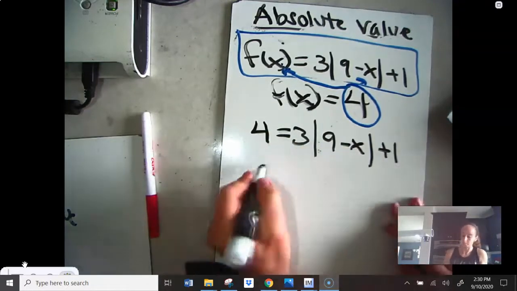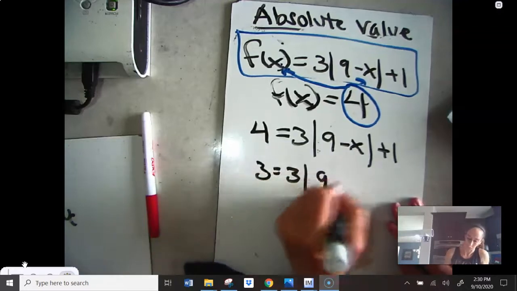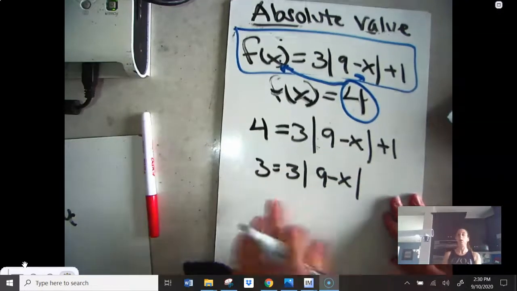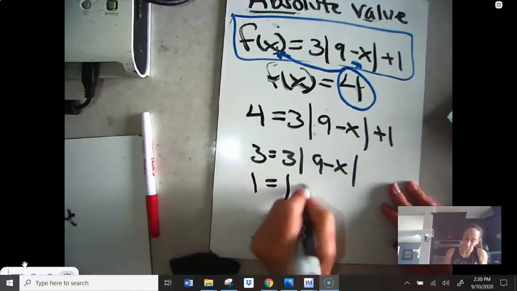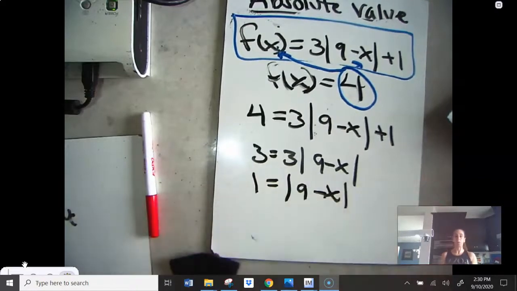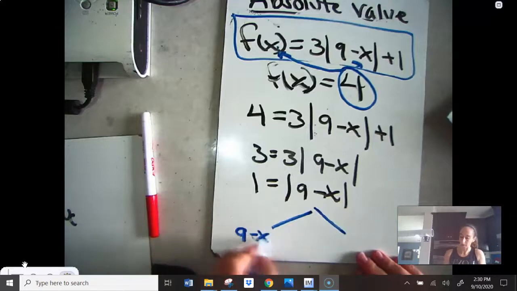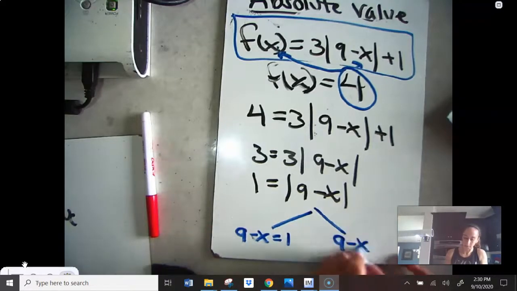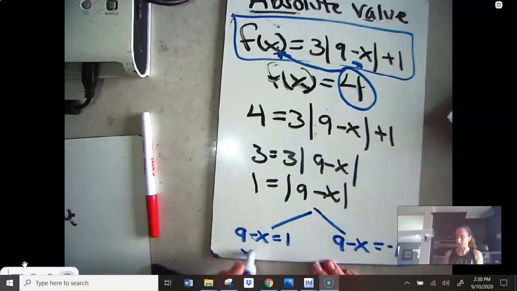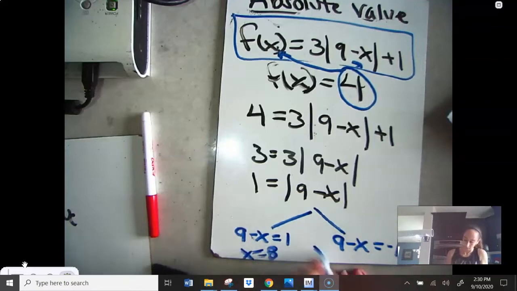Subtract 1. Divide by 3. We're at an equation. Split it. 9 minus x equals 1. 9 minus x equals negative 1. X equals 8. X equals 10.